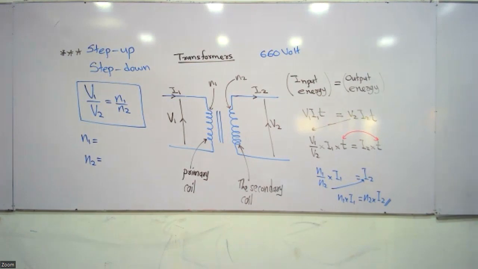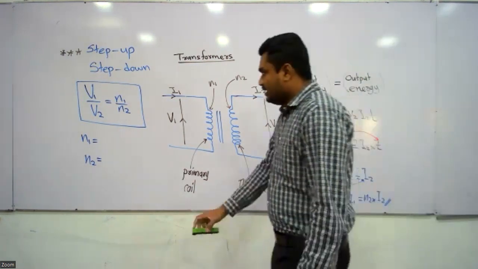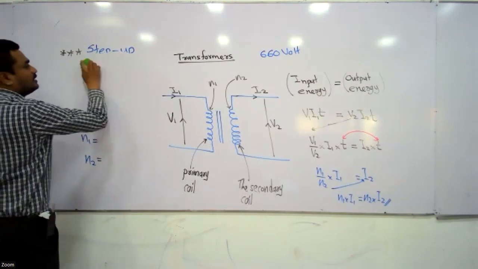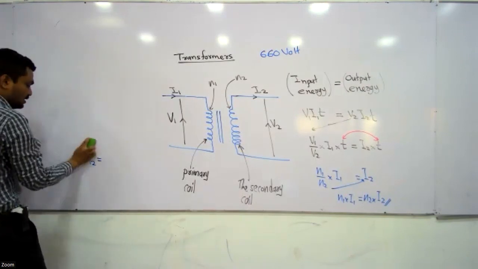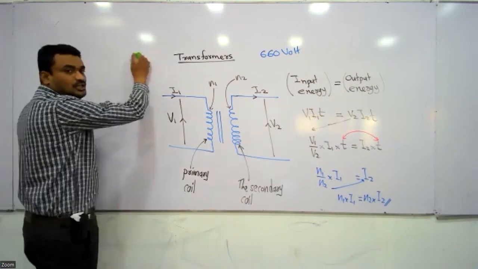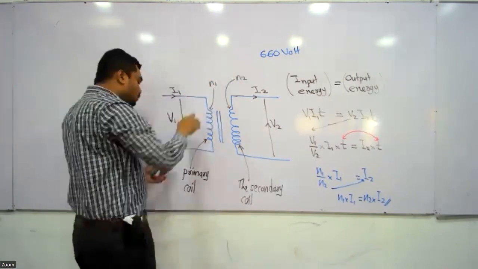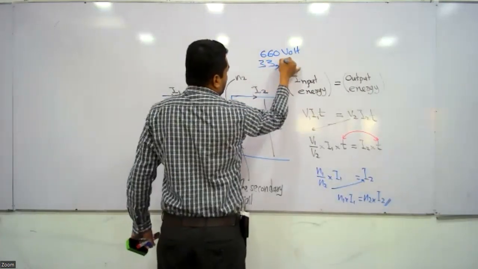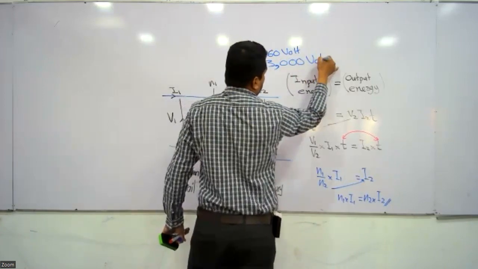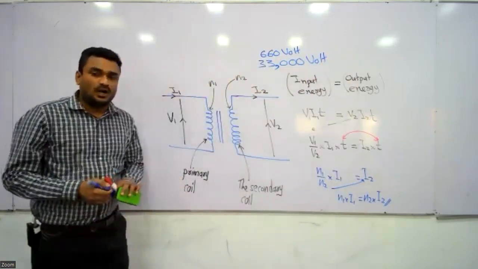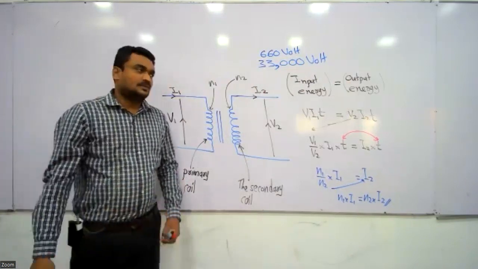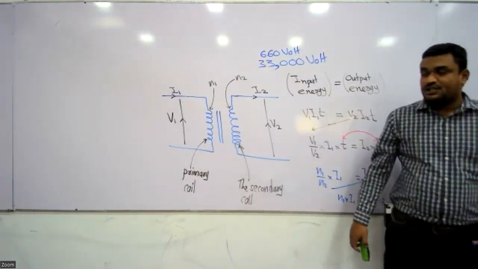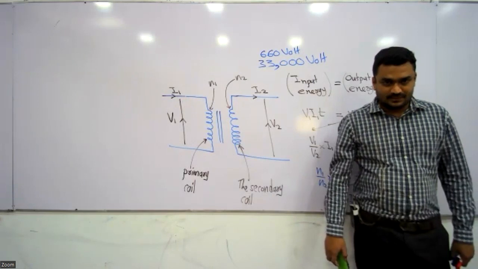We'll stop. A transformer is used to increase the voltage up to 33,000 volt.